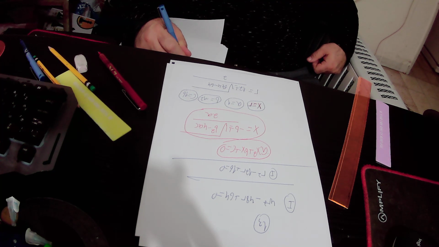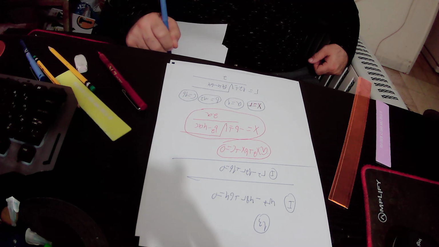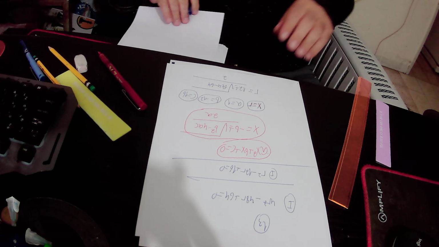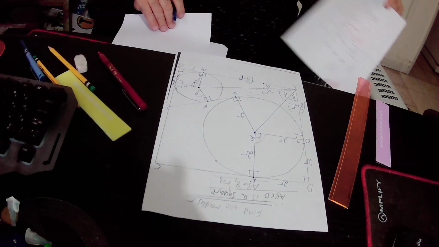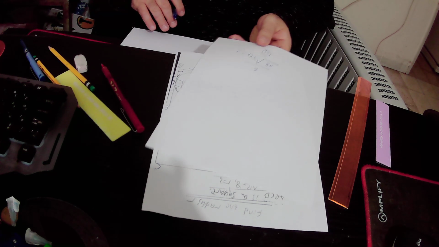so the radius of the small circle equals 12 plus minus root of 144 minus 64, which is 80, over 2. So we got this expression for the radius of the small circle.